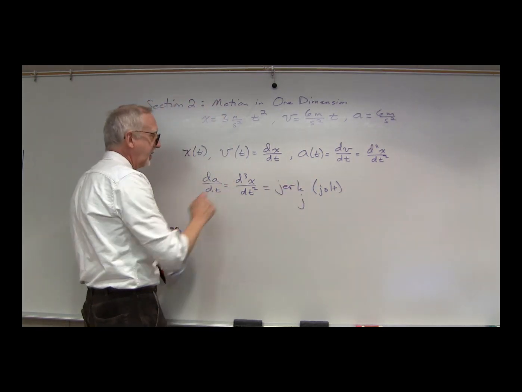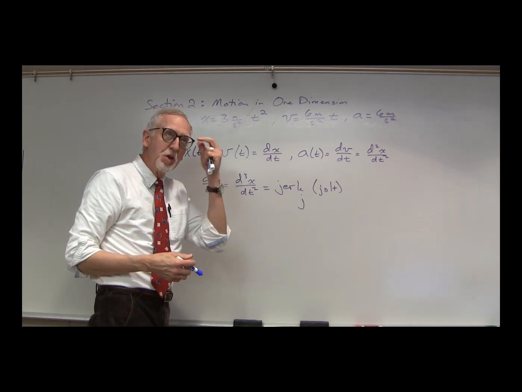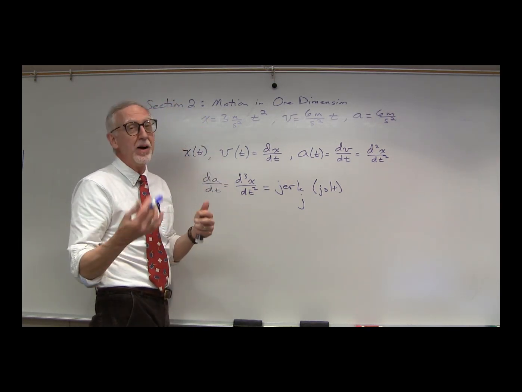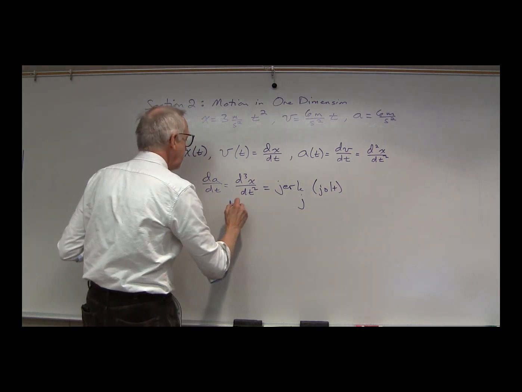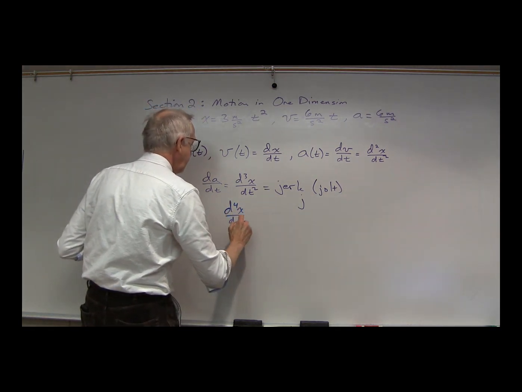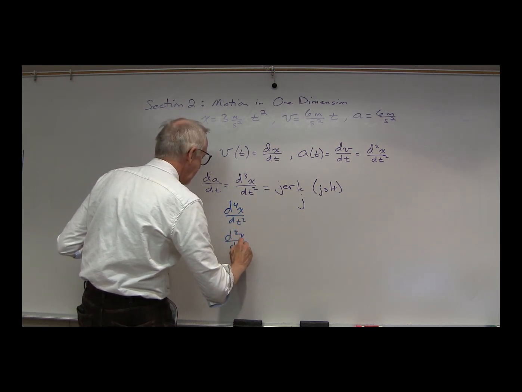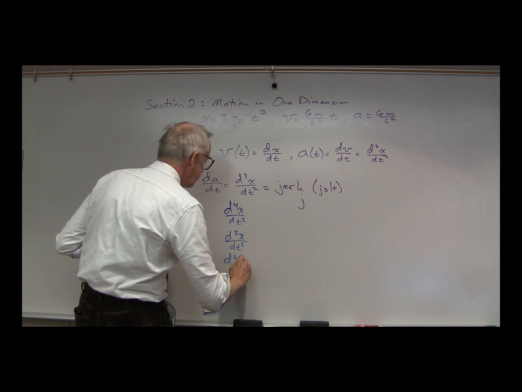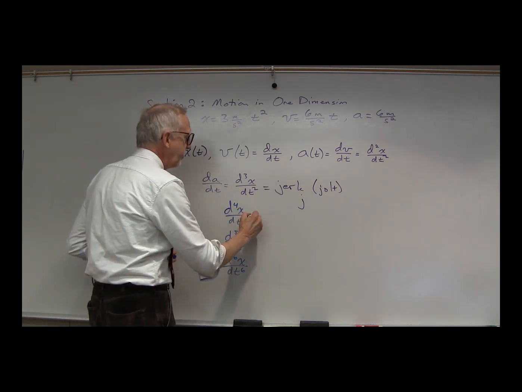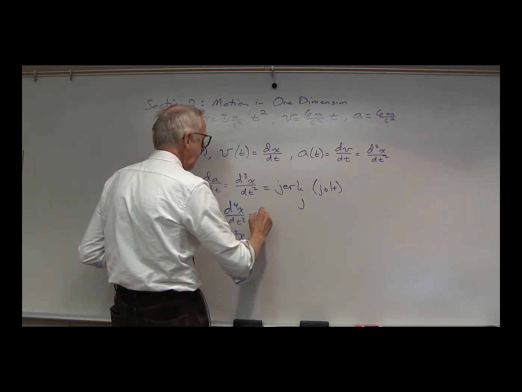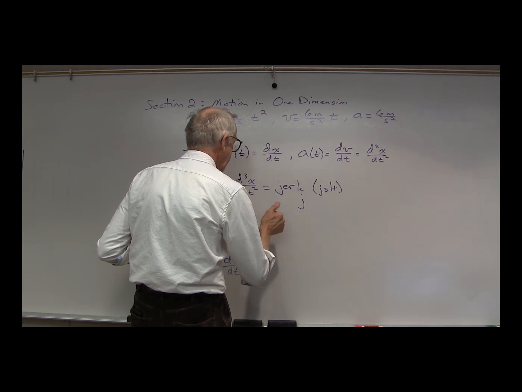Well, what about the higher order derivatives? These have even less uniformly accepted names, but there are some that are used sometimes. d^4x/dt^4, d^5x/dt^5, and d^6x/dt^6. The fourth derivative is sometimes referred to as the snap.